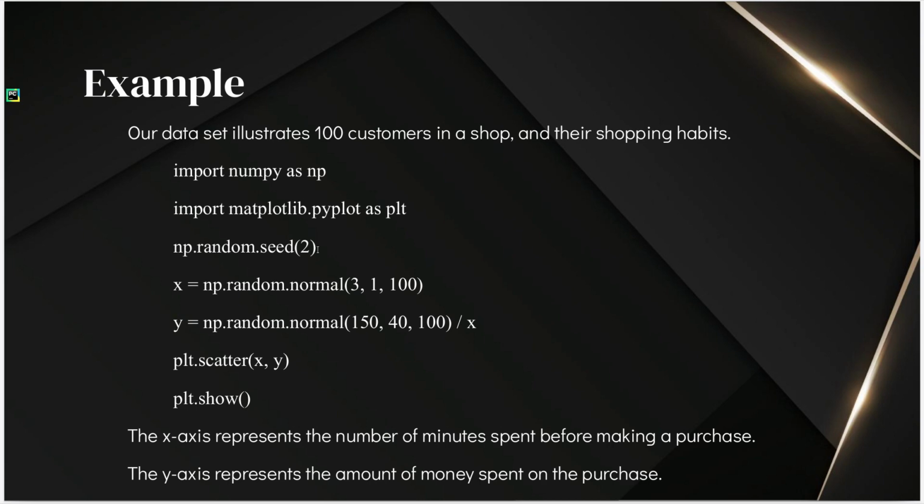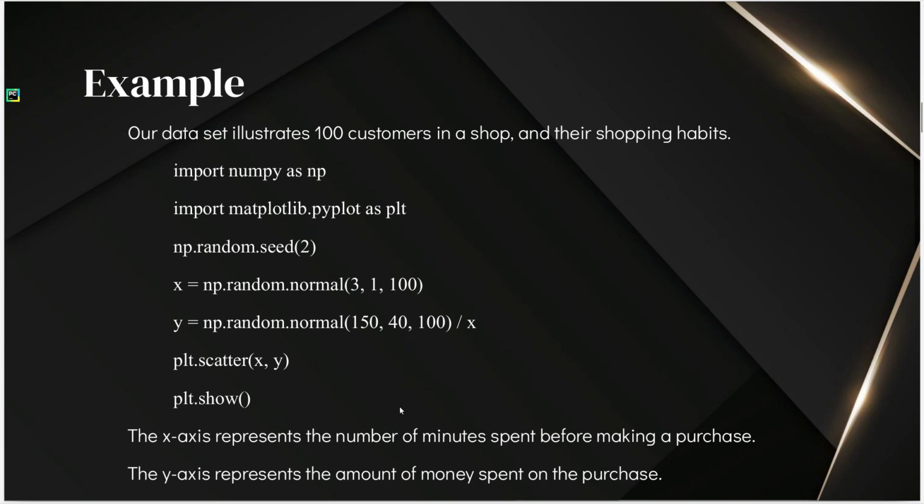Then you create two lists, x and y. x is a normal distribution with mean 3 and standard deviation 1, and y is again a normal distribution with mean 150 but standard deviation 40, and you divide this list by x. Now you create a scatter plot between x and y, and the last line, plt.show, is just for a graphical visualization of this dataset.